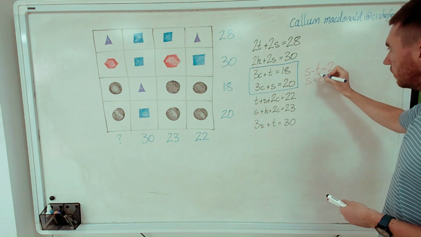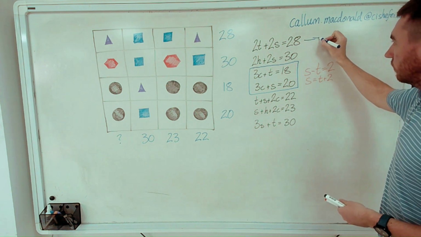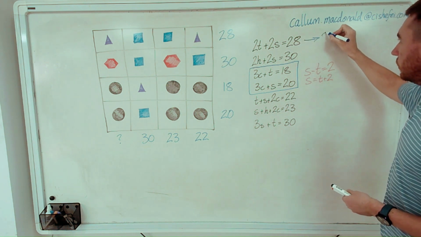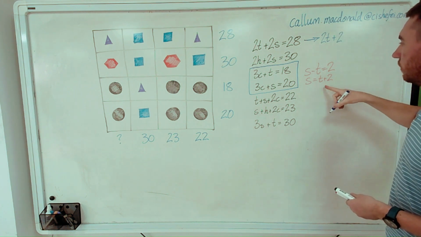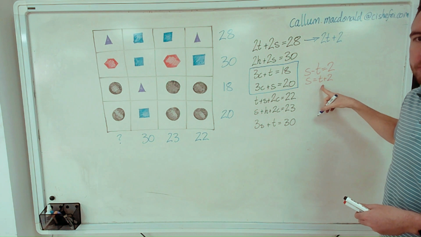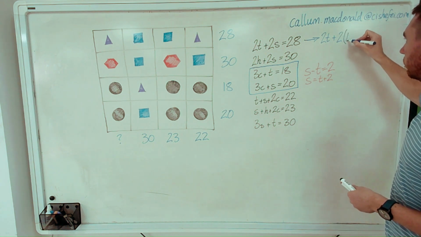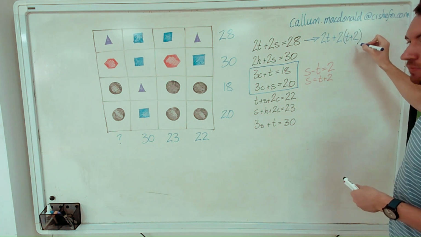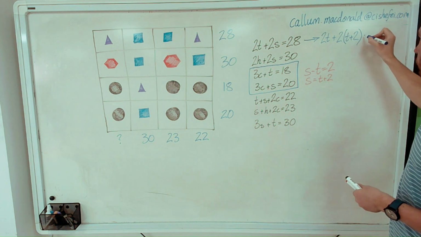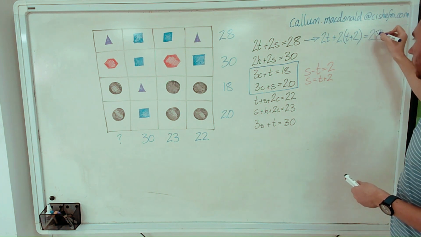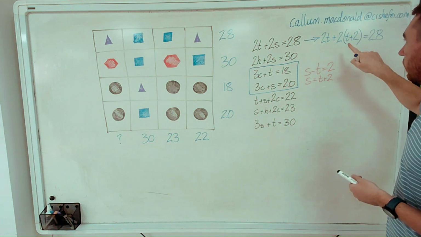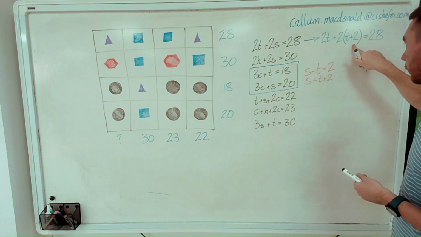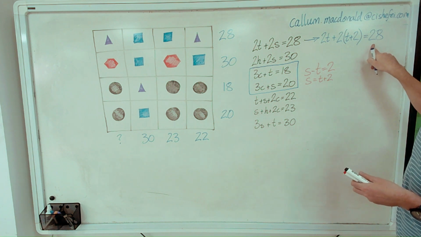I'm going to put this into here and get 2T plus 2T plus 2 equals 28. And when I simplify that, I get 2T plus 2T plus 4 equals 28.